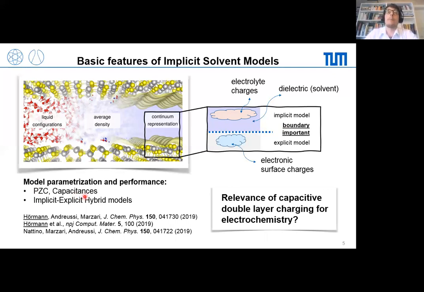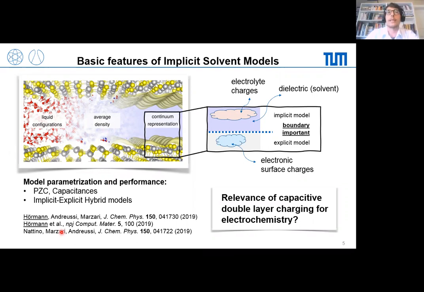the potential of zero charge and capacitances. And it also turns out that, of course, not all properties of the solvent can be described with such a continuum model. We compared results from purely implicit solvation representations with purely explicit calculations.